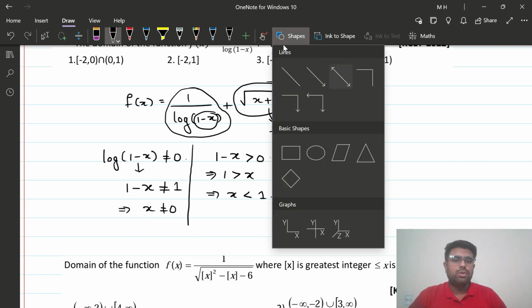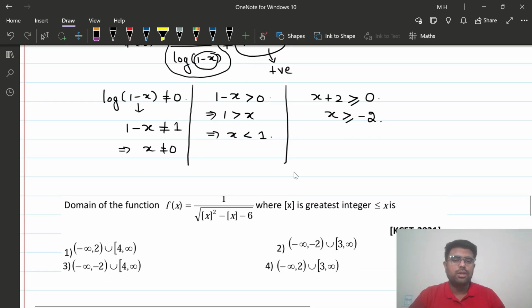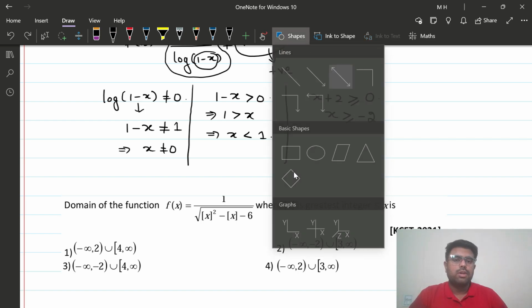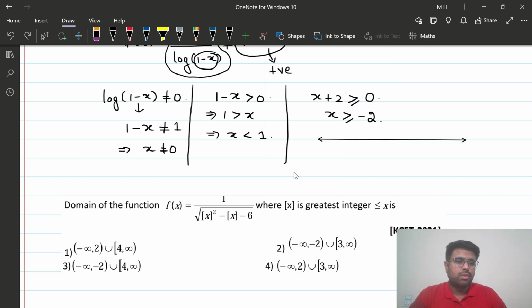To find out all these things, I will draw a number line. Let us say this is minus 2, this is 0, and this is 1. x has to be less than 1, so it can take all these values except 1. 1 cannot be included, and x cannot be 0.